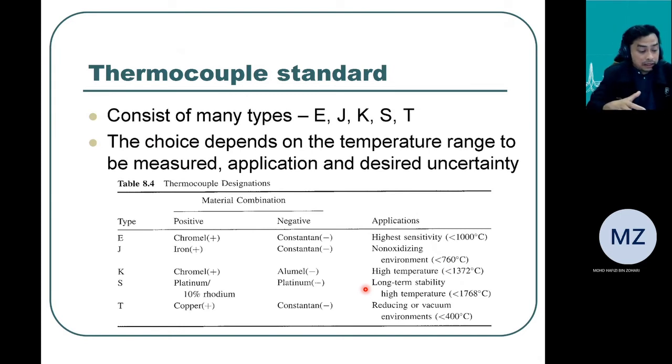For example, E-type has chromel and constantan, J-type iron with constantan, K chromel and alumel, S platinum plus rhodium and platinum, and T is copper with constantan. Each type is used for different applications and different temperature ranges. So you must make sure which type is suitable for your application.